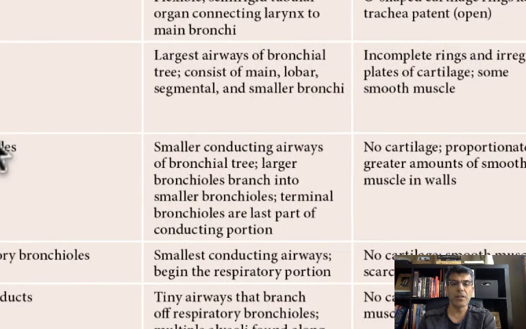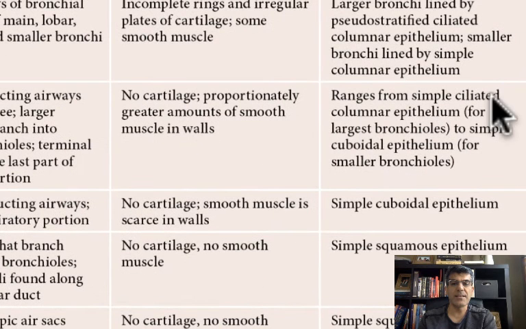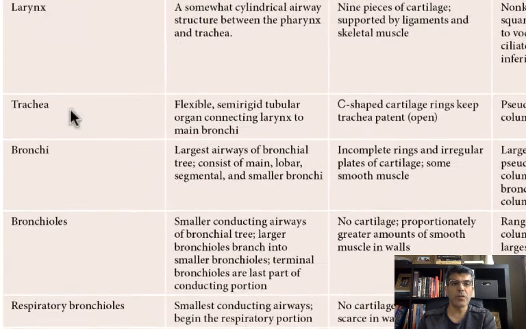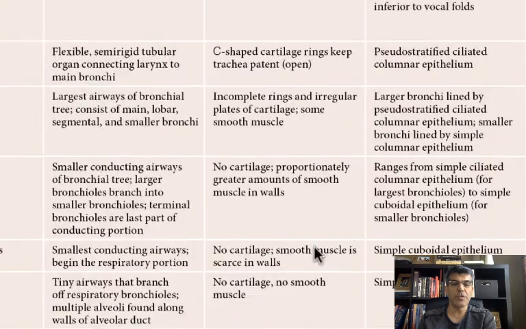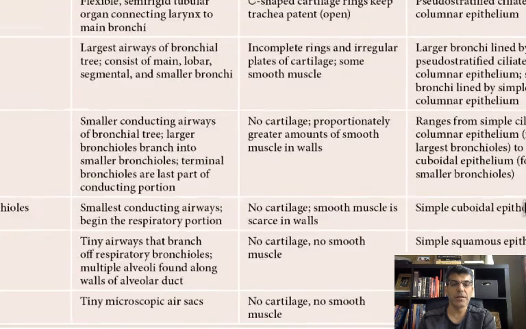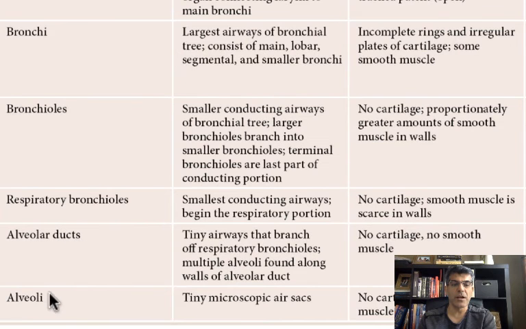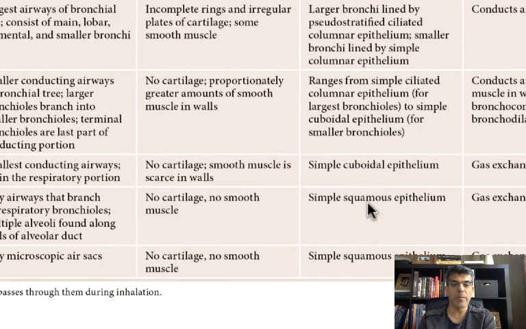Bronchiole, however, is definitely a simple ciliated columnar. As you go down through the bronchiole and get smaller and smaller, instead of having columnar, we're going to change to cuboidal. Did you notice as you go down through the bronchus, first the number of layers decreases from pseudostratified to simple, and then from columnar to cuboidal? When we go to the respiratory bronchiole, definitely we have simple cuboidal. And when we go to the alveolar duct and alveoli, we're going to change to simple squamous.